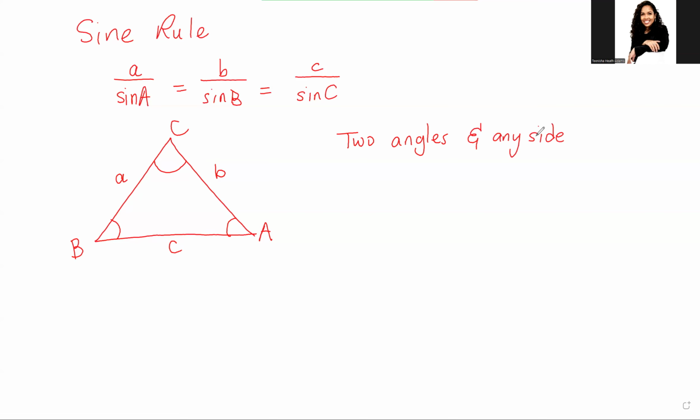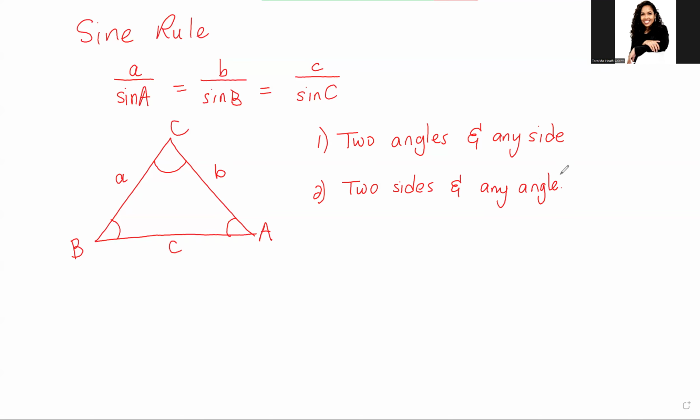Or you can use the sine rule when you have two sides and any angle. So those are the two instances: when you have two angles and any side and you need to find another side, or when you have two sides and any angle. That's when we use the sine rule.